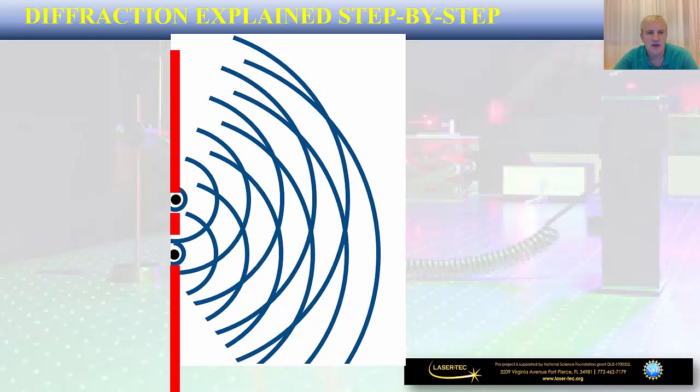Now let's imagine having two slits with two light sources. These two light sources are going to create two waves that are represented by their corresponding wave fronts, and we can see that there are certain locations where the crest of one wave overlaps with the crest of the other wave.